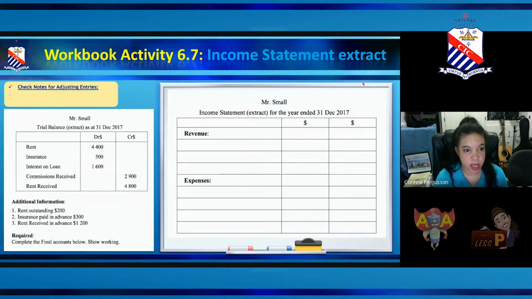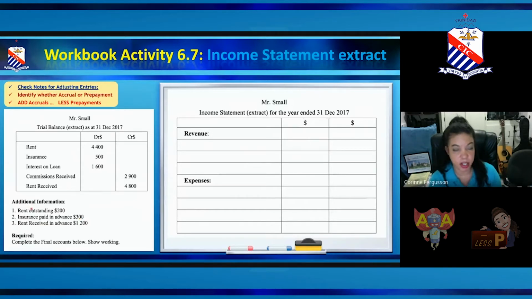What we're going to do now is, some of you might have thought, why didn't we just check the notes? I preferred going to the trial balance and going through each one and then checking my notes after. Some people may feel better about going to the additional information or the notes and going that way.